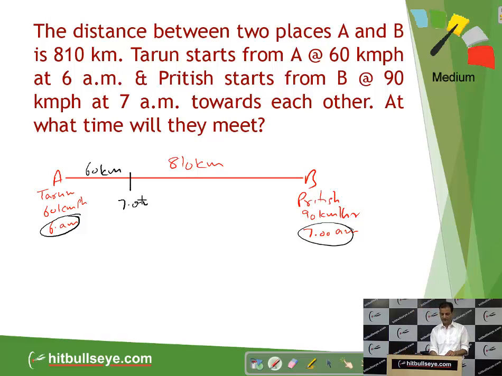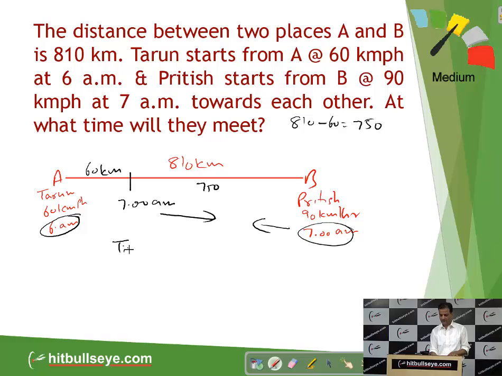Now here it is 7 a.m. After 7 a.m. both bodies will move with their respective speeds toward each other, and the total remaining distance will be 810 minus 60, which will be 750 km. Now the remaining distance is 750.